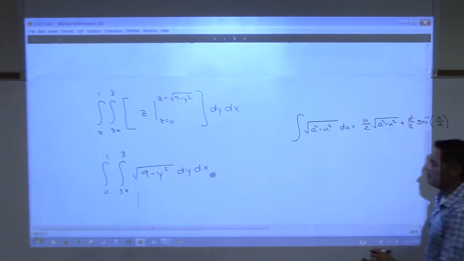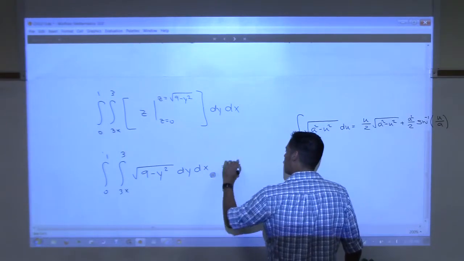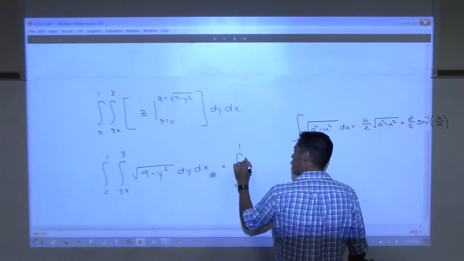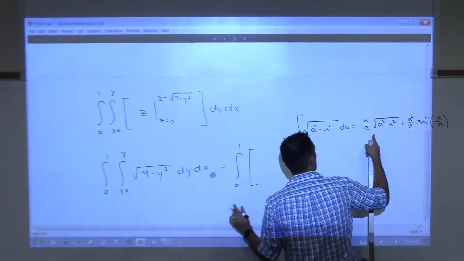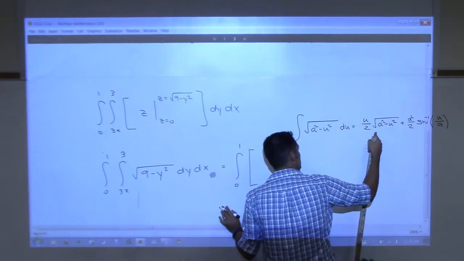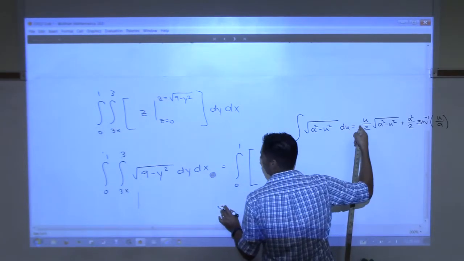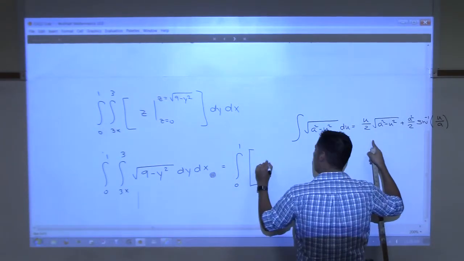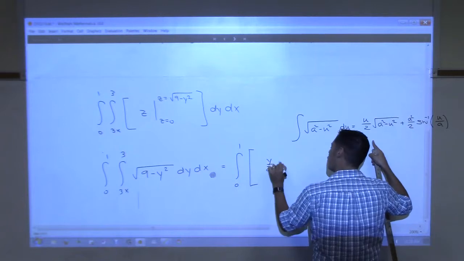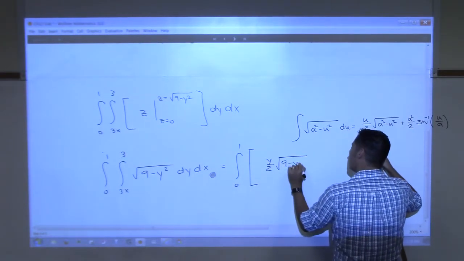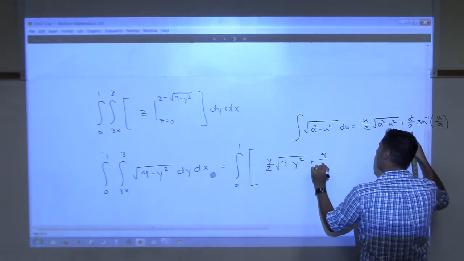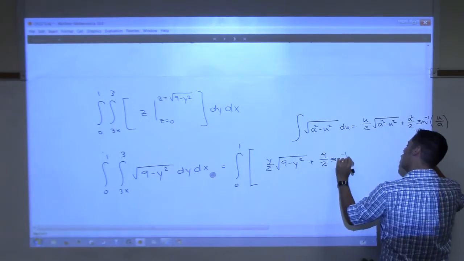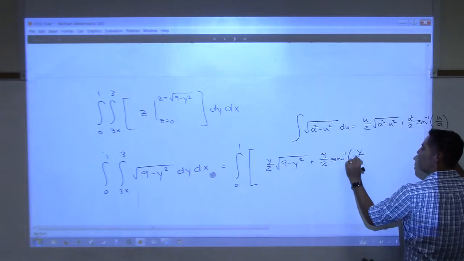So this would become the integral from 0 to 1. And then we would have this thing. But a for us is what? 3. All right. And u is really x or y. So this would be like y over 2 times the square root of 9 minus y squared, plus a squared, which is 9 halves, arc sine of u, which is really y over 3.